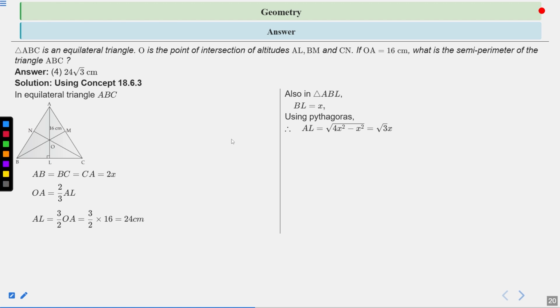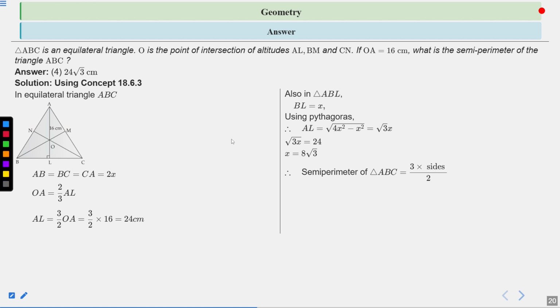So AL becomes under root 4x square minus x square. So the length of AL becomes root 3 x. Now we can compare this root 3 x with 24, so we get the value of x, which is 8 root 3.